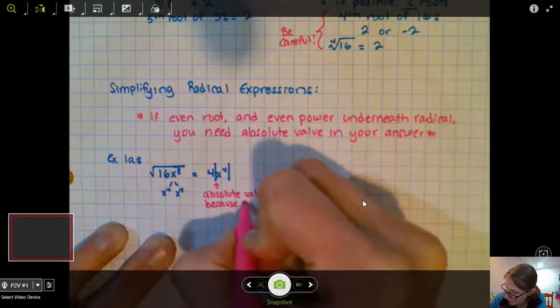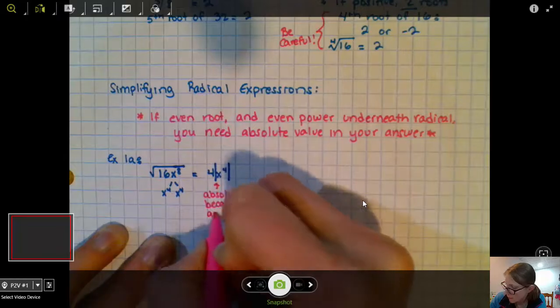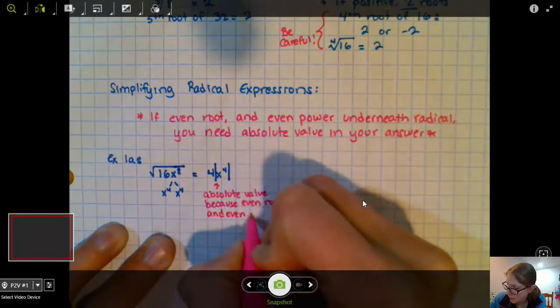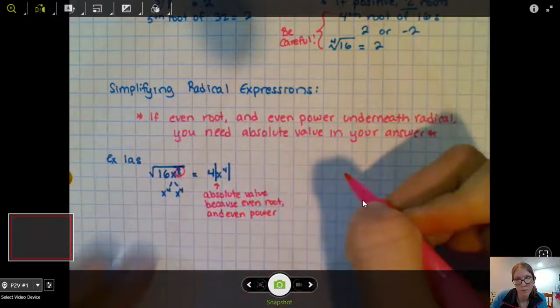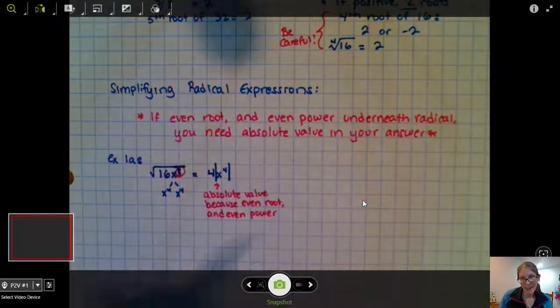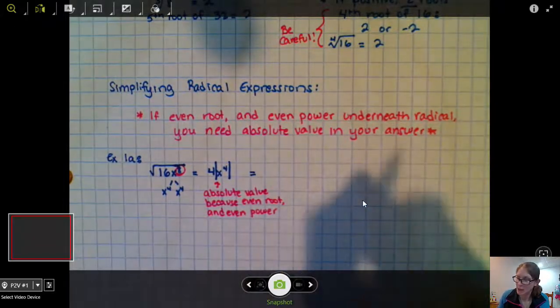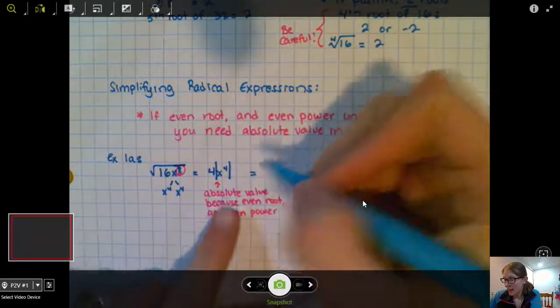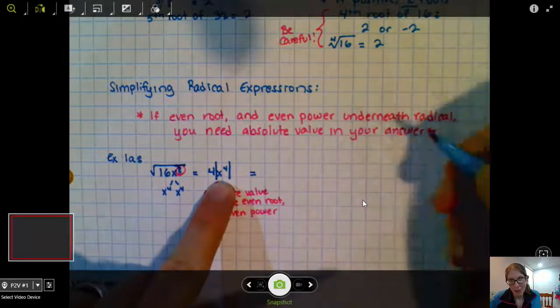because even root and even power originally here. But there's an extra little trick. You guys are going to end up hating this whole absolute value thing. Because I have x to the 4th, I have an even power here. It doesn't matter what x is.